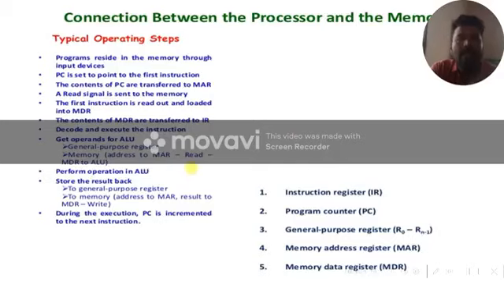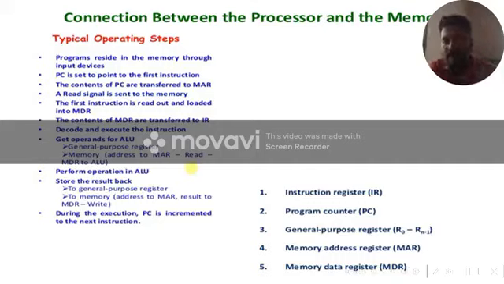Now, how is the communication between the processor and memory carried out? We have to go through a set of instruction steps. First, the program will be in memory. The instruction register will take care of the current instruction.